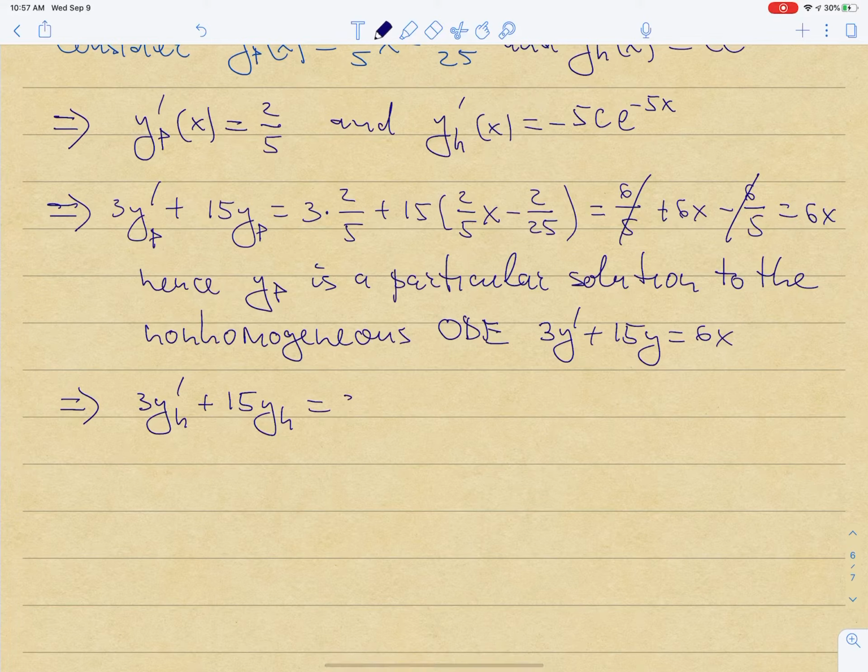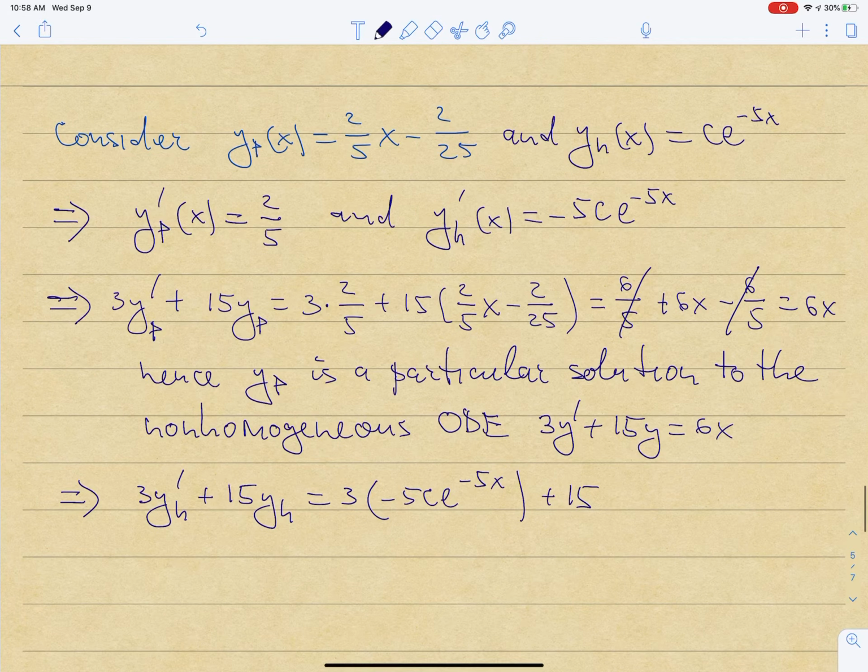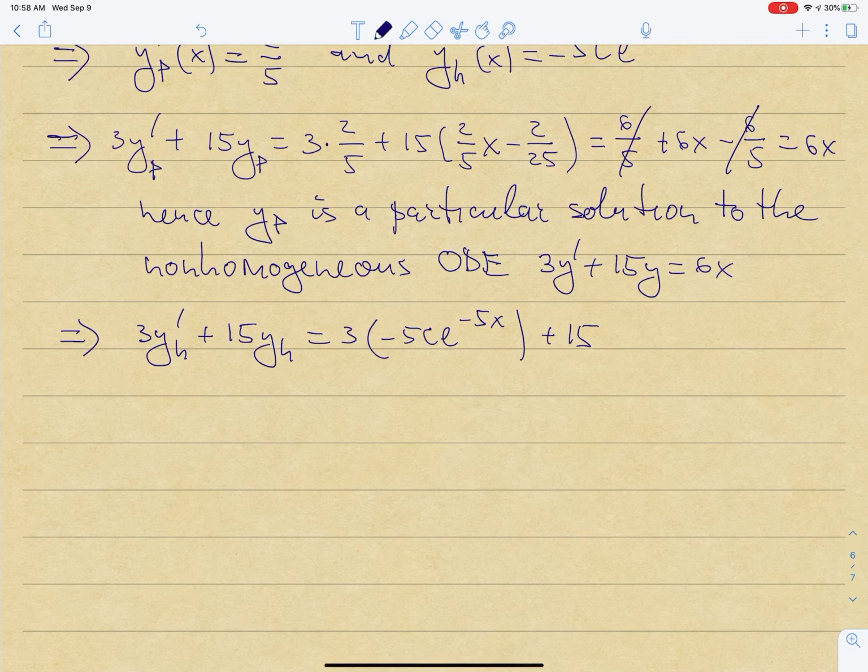This is 3 times, here's our yh prime, minus 5c e to the minus 5x, plus 15 times yh, so yh is c e to the minus 5x, so 15 times c e to the minus 5x.